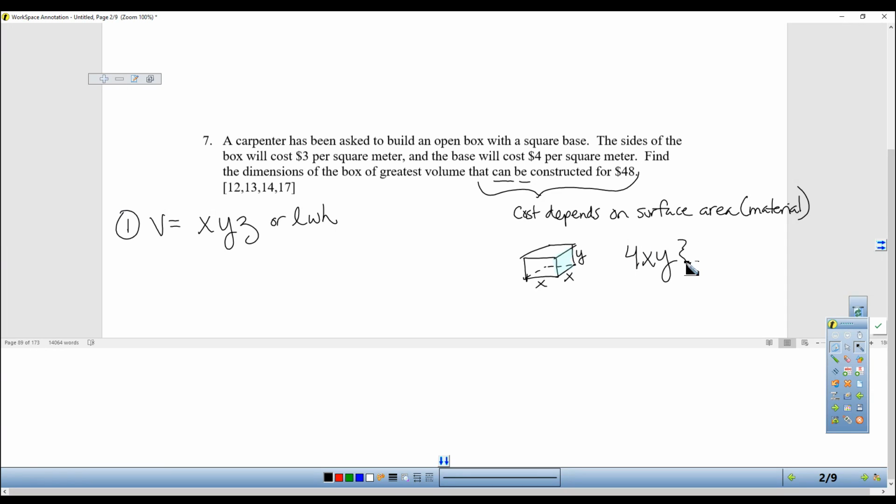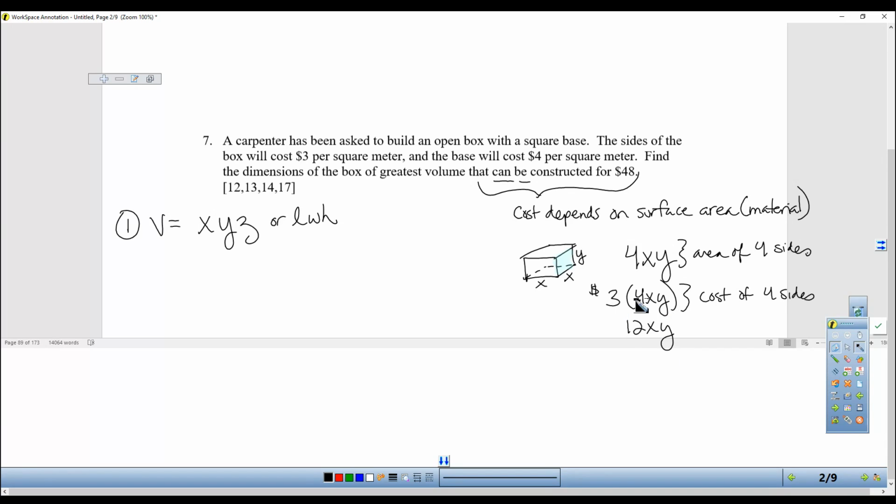So this is the area of the 4 sides because one side is XY and there's 4 of them. But the cost of the 4 sides is going to be $3 times that area. Now remember, there's no addition here, so it's just going to be 12xy.